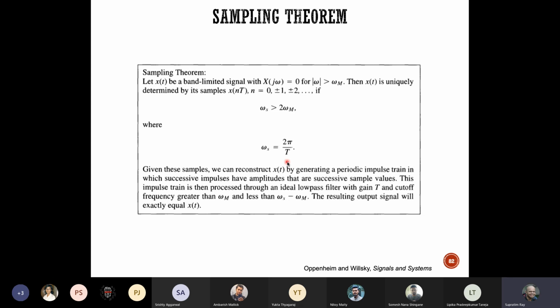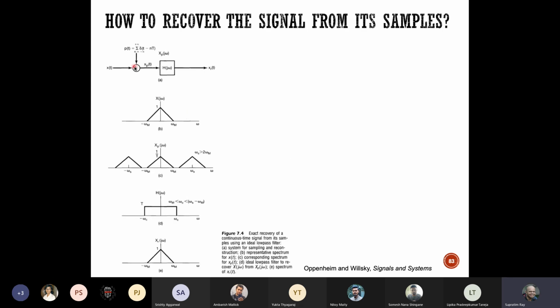Okay. And how do we do this? How do I recover the signal from its samples? Well, the sampled signal has a Fourier transform that looks like this. So all I need to do is multiply it with an ideal low pass filter, a rect function. When I multiply this, all these side lobes go away and I'm just left with the original thing.